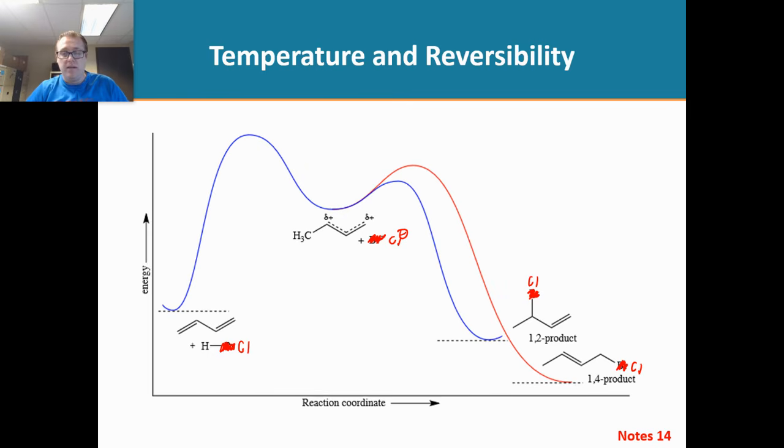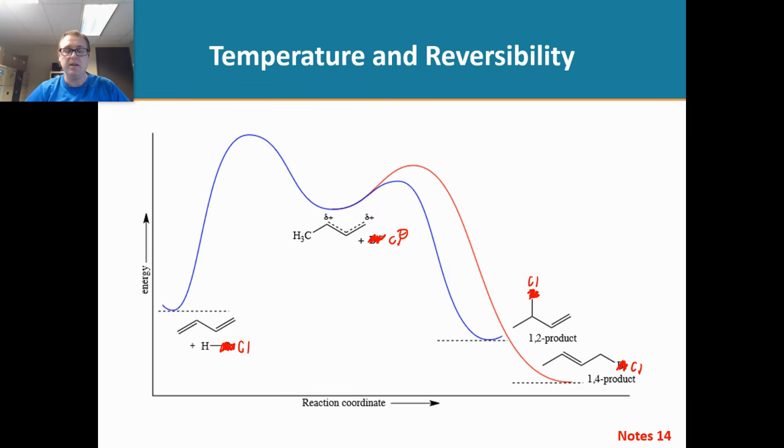Now, I misspoke a little bit, so I want to correct this. The kinetic product is going to be formed the fastest. Okay? And the kinetic product will be formed the fastest in hot temperatures or cold temperatures. Kinetic products are always formed first because they form the fastest.